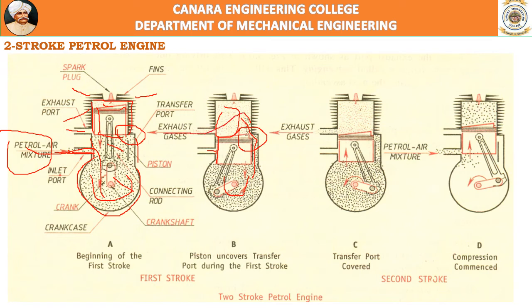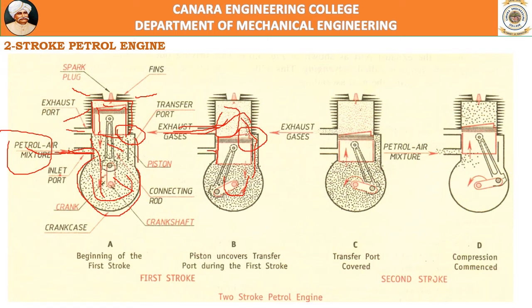This process of pushing away the products of combustion by the fresh air fuel mixture, which is also called charge, through the exhaust port is called scavenging. Scavenging is the process of flushing out the products of combustion to the exhaust port by the fresh charge.